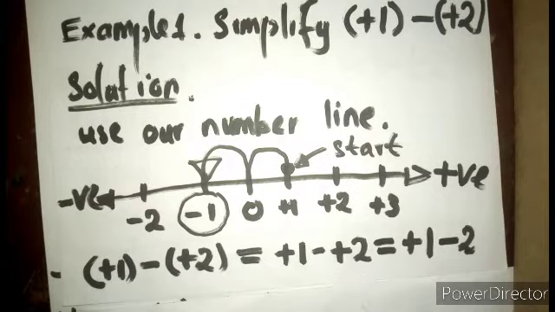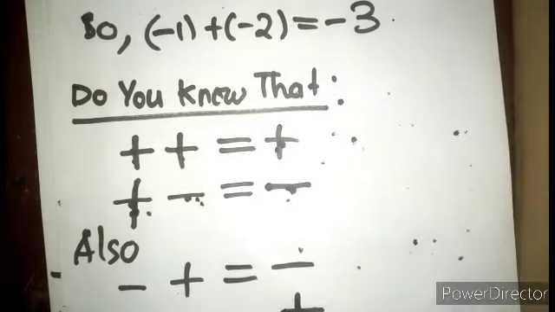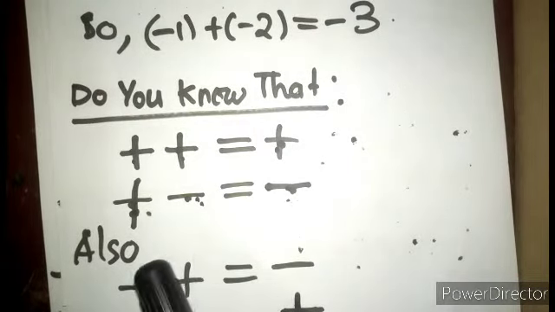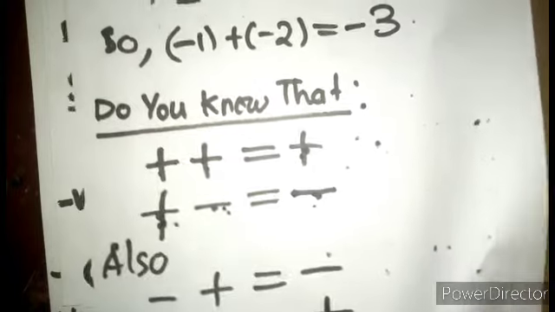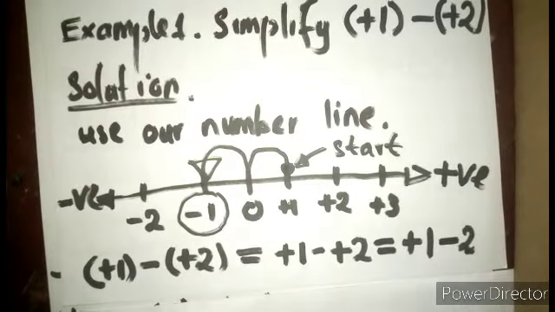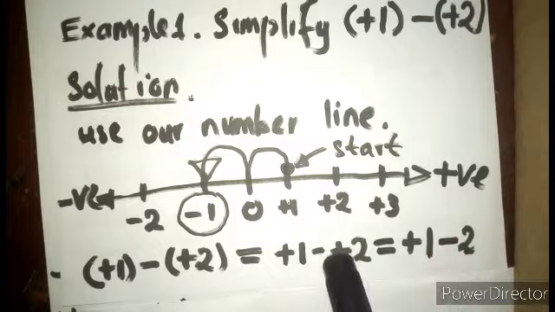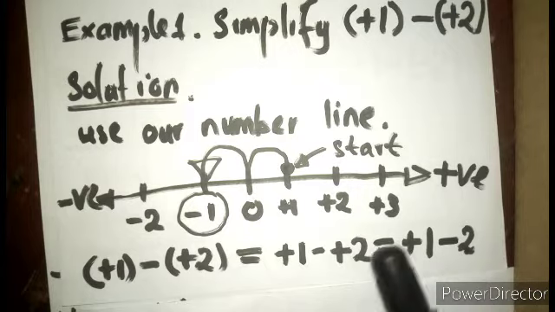Minus plus is what? If you recall, we have shown this already in our last class that negative positive is negative. So therefore, minus plus is minus. That's why plus 1 minus plus 2 becomes plus 1 minus 2.